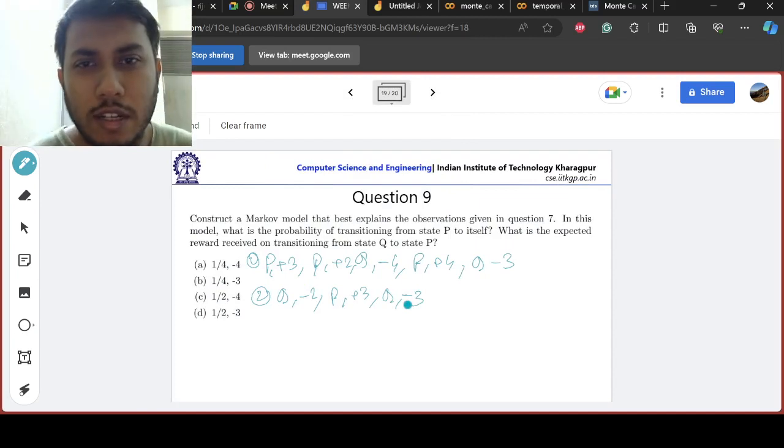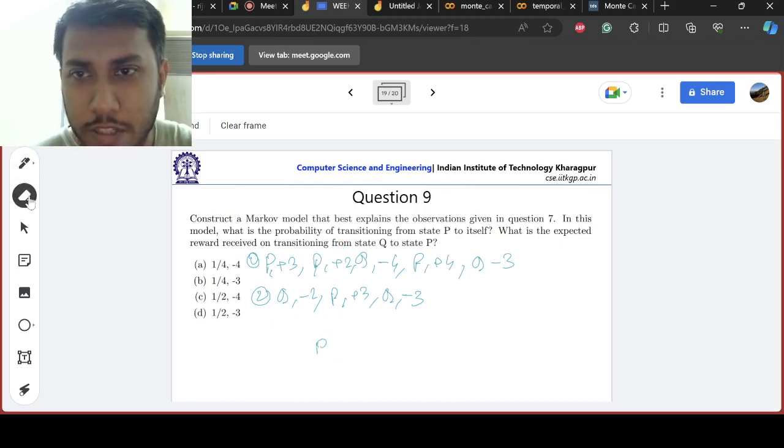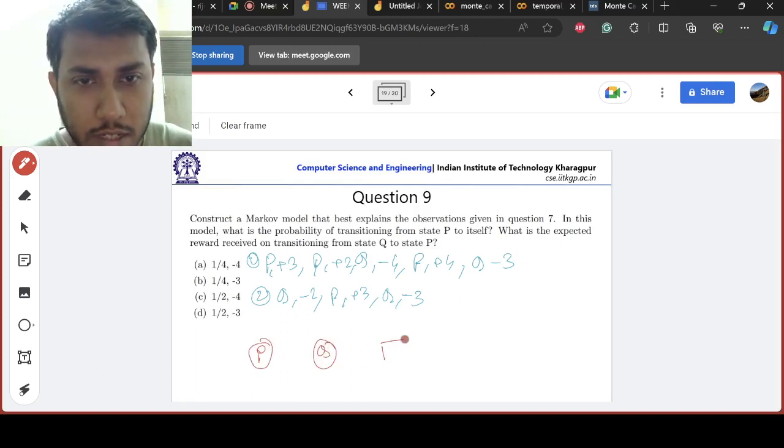Now we have to draw a state transition diagram. Okay, fine, cool. So let me change the color. You will have a state P, a state Q, and a terminal state.